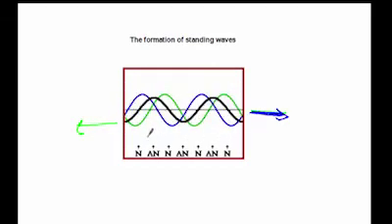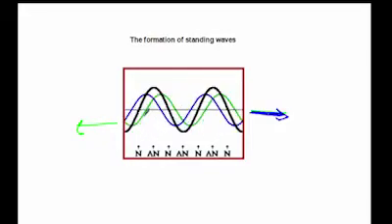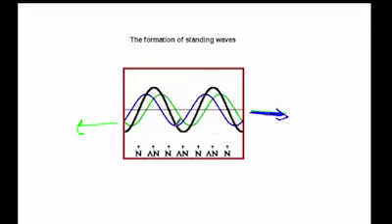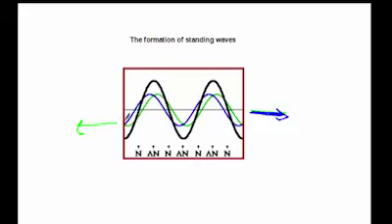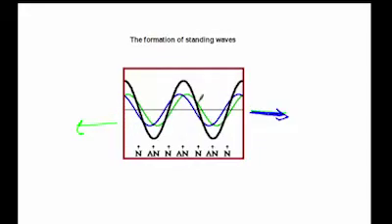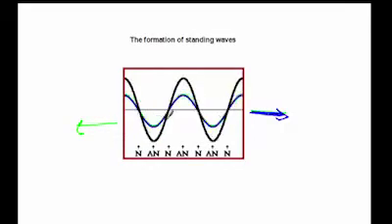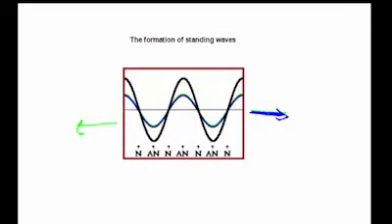The particles of the wave are only moving up and down. So for this black colored wave, which is a standing wave or stationary wave, the energy does not propagate.